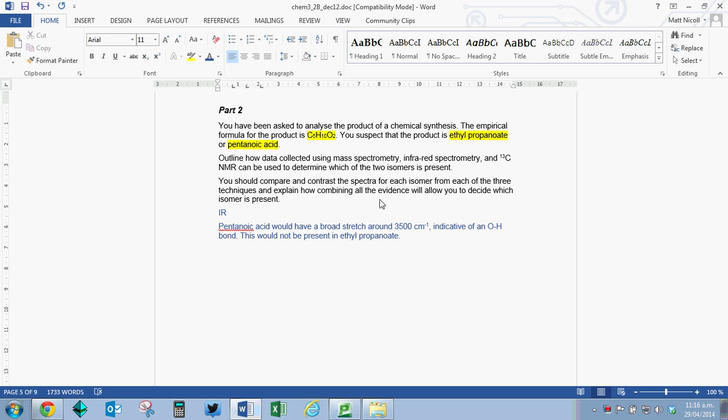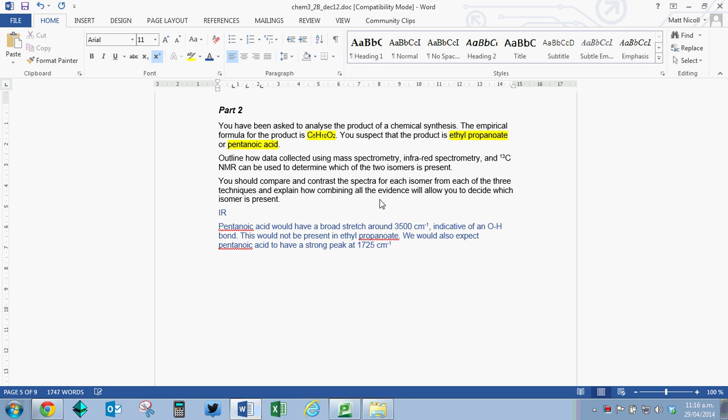Right. By the way, we would also expect pentanoic acid to have a strong peak at 1725.